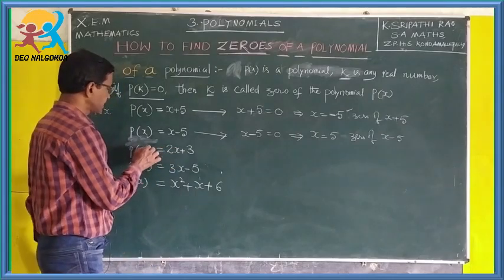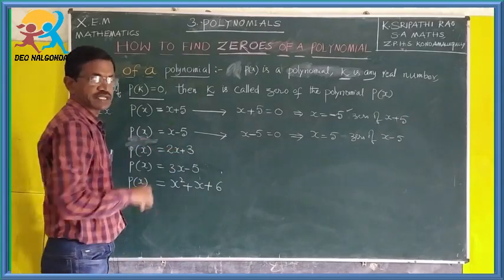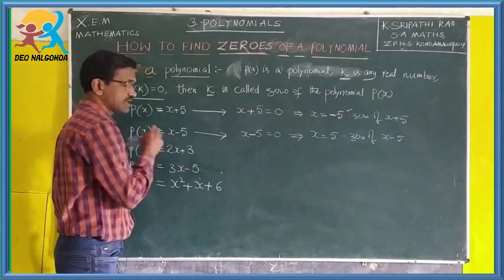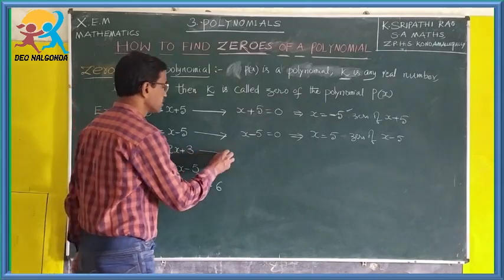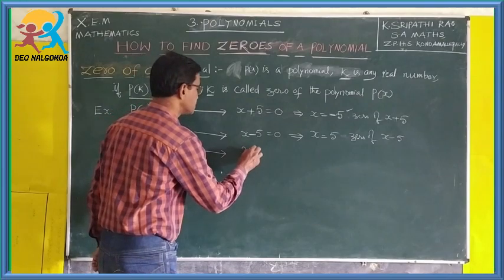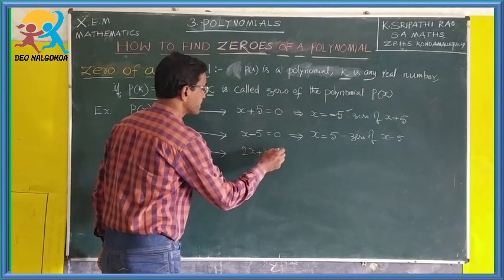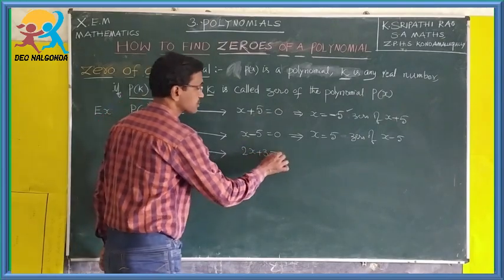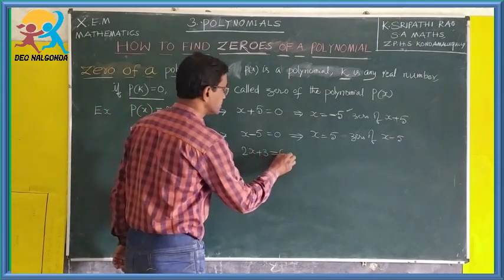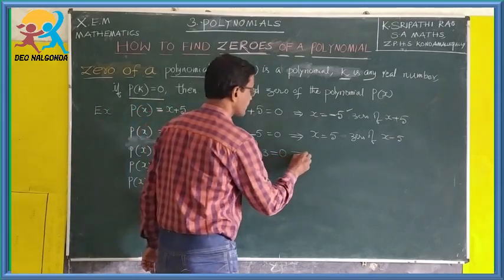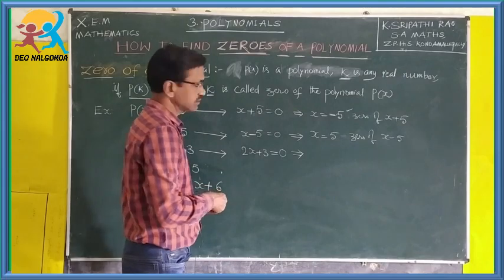Here p of x is equal to 2x plus 3. How to find the 0 of this polynomial? We know that we have to make it equal to 0. Make it equal to 0 means keep the equal to symbol and write 0, so that you can find the 0 of the polynomial.